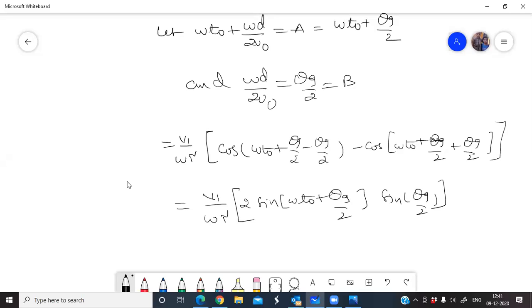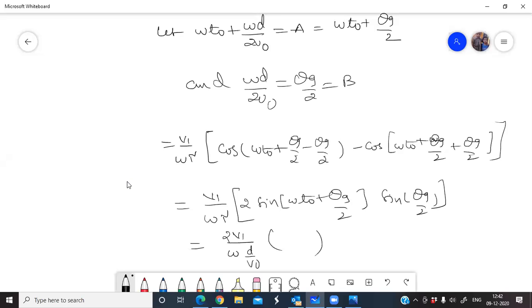And from this, 2V1 by omega tau. Again you can write tau is d by V naught.